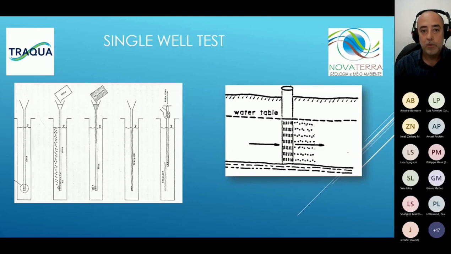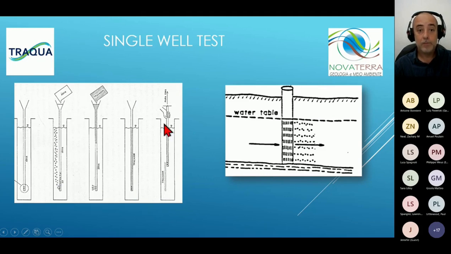Another test we can use in dams is the single well test. We can inject a tracer inside the well and mark the water column inside the well using a hose.